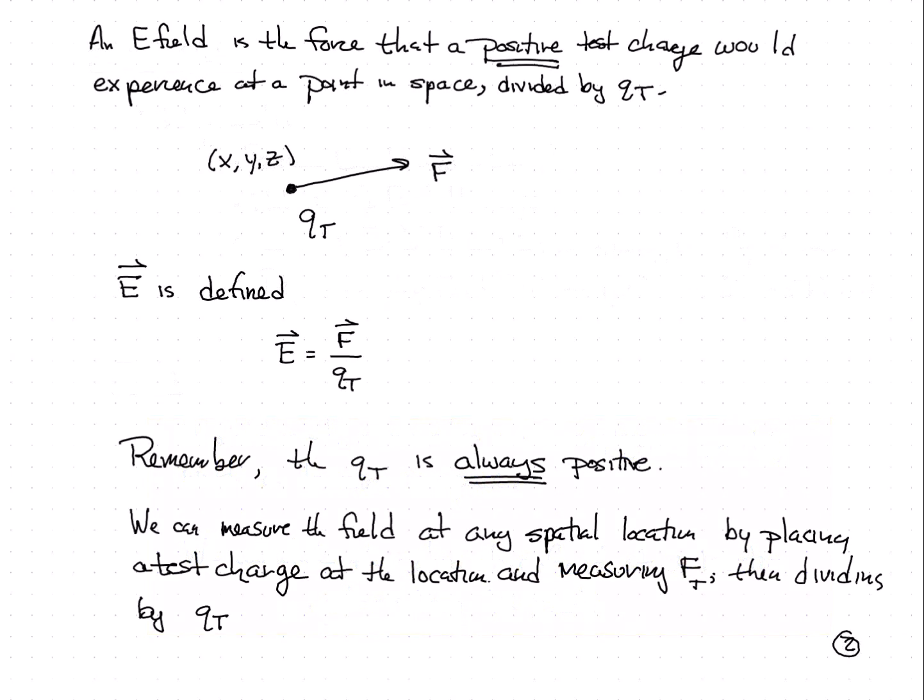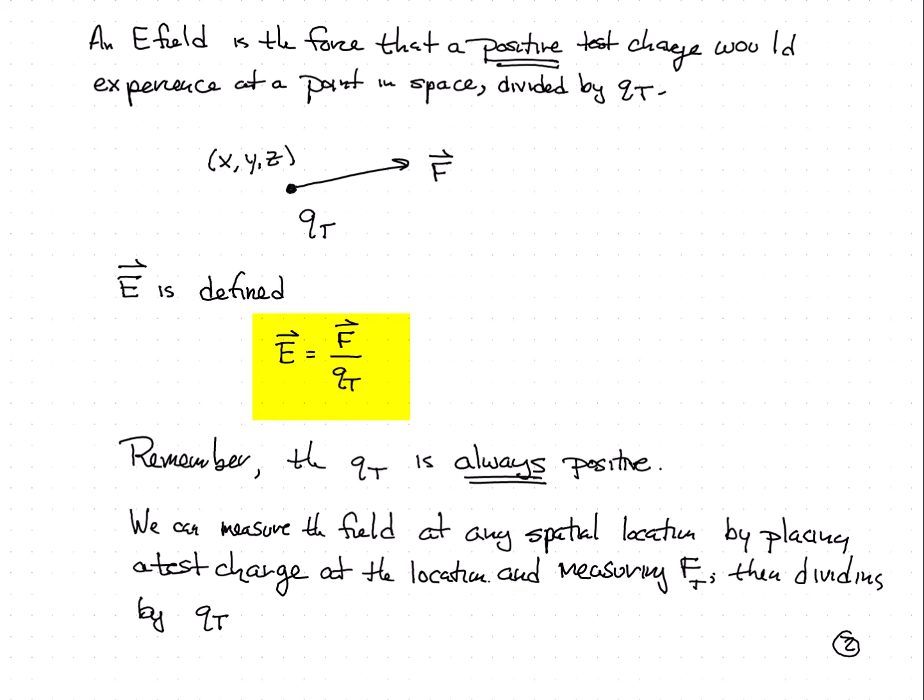So here's a little diagram of what an electric field is. We think about taking a positive test charge. We place it at some point, x, y, z. That's where we want to find the field. We're going to sample the space. We put that QT down, and we look at the force, and we measure the force. The electric field is defined as the force we measure divided by the test charge.